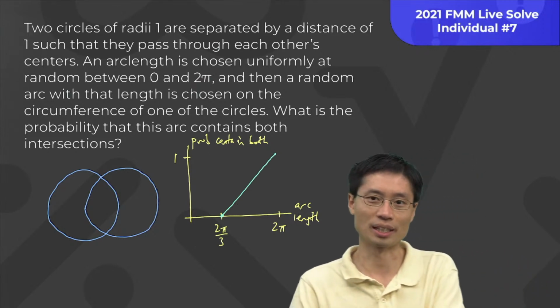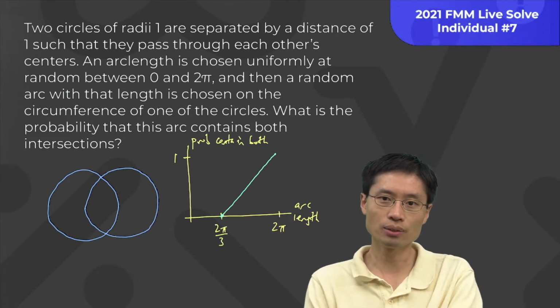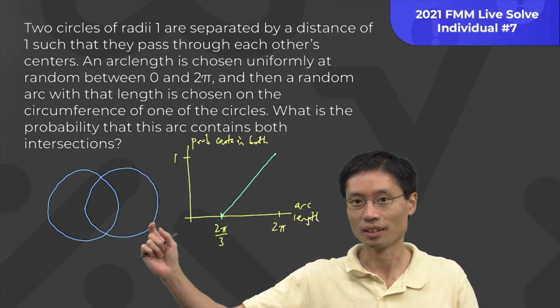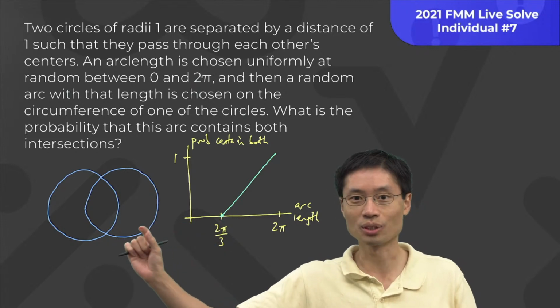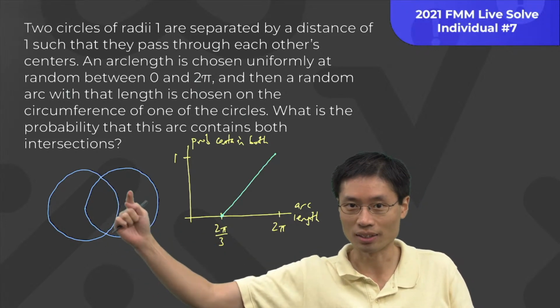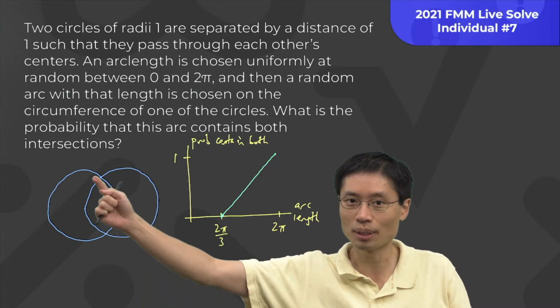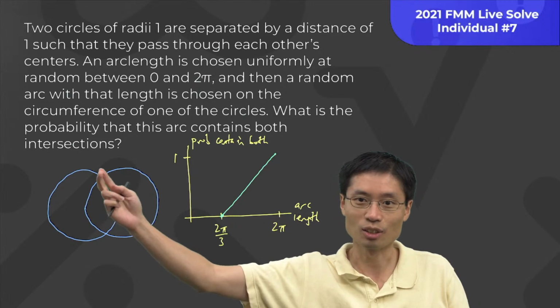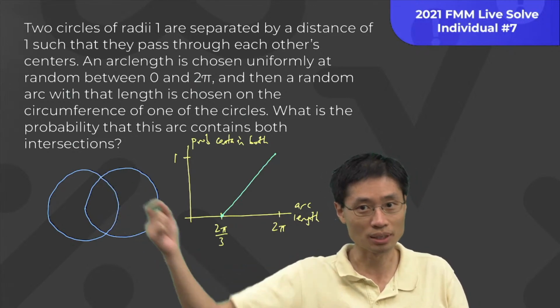Why should it be a straight line? It's because if I knew how much longer I was than my 2 pi over 3, how much longer I am is sort of like how much slack I have in terms of where I'll start my arc. If my arc length was a little bit longer than this, I have some slack of starting it from here or there or there. You can barely see my finger moving, but that's the amount of slack I have.